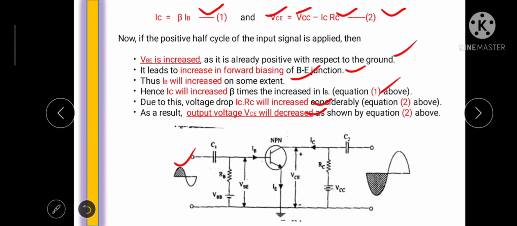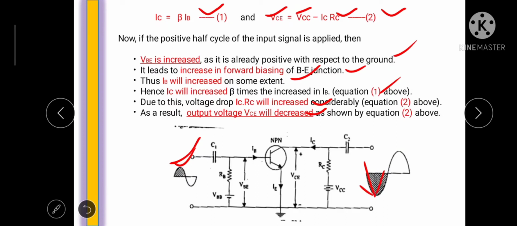Thus from the overall discussion we can say that as we increase the base emitter voltage, the output voltage, that means VCE, is going to decrease in the downward direction.